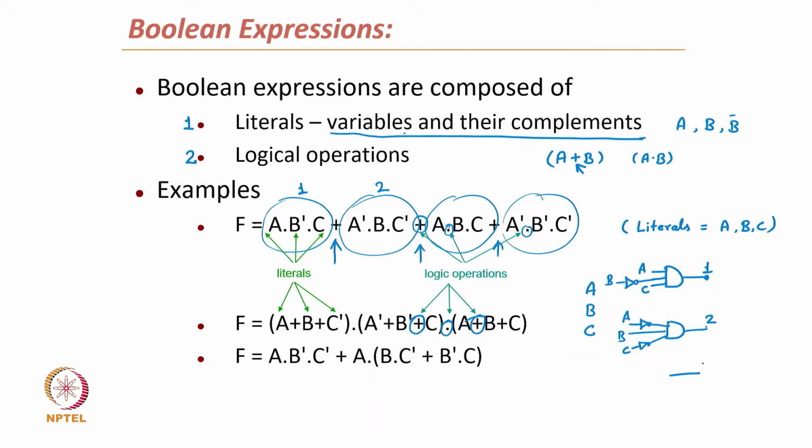Similarly, output 3 will come for this, and output 4 will come for this, and then all these 1, 2, 3 and 4 are further added using this plus sign. It means one OR gate will be there, which is adding all of these 4 signals, and this is my F.